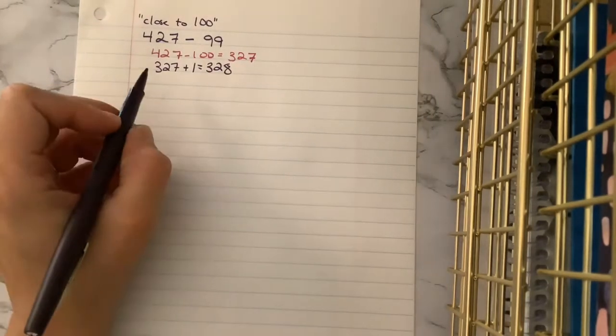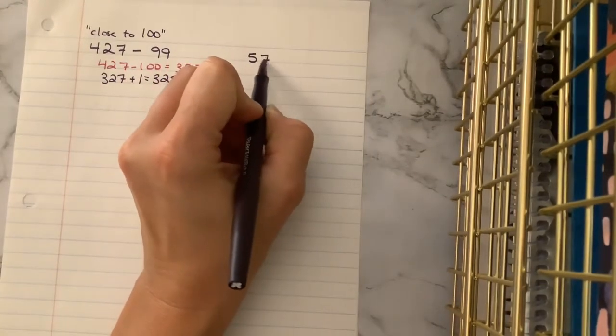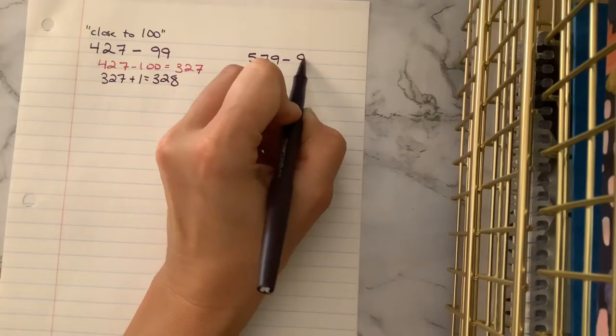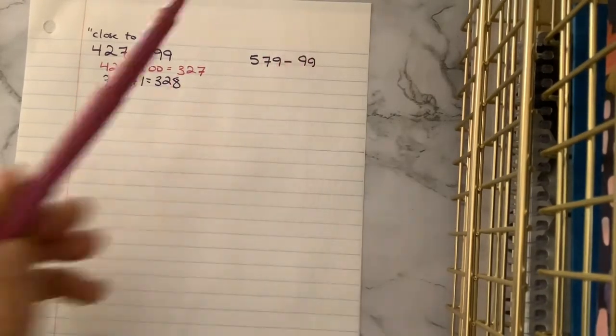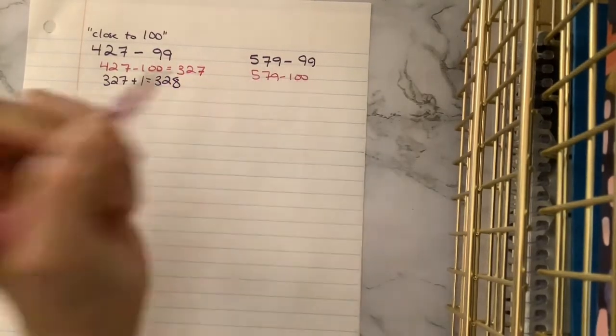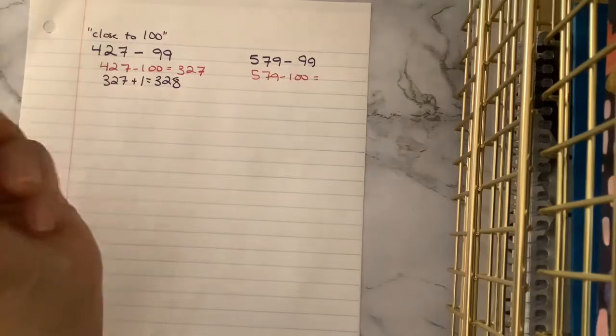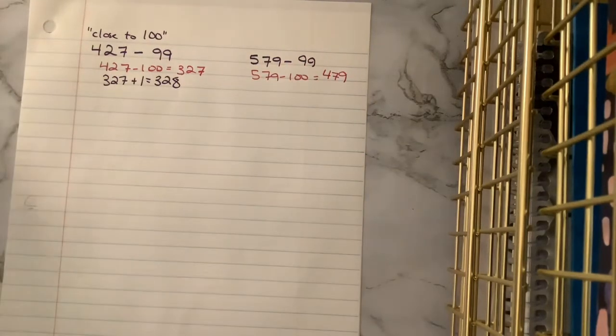Let's try another one. I'll talk you through another one. So 579 minus 99. Again, this is close to 100. So we start by subtracting 100, which is 479.